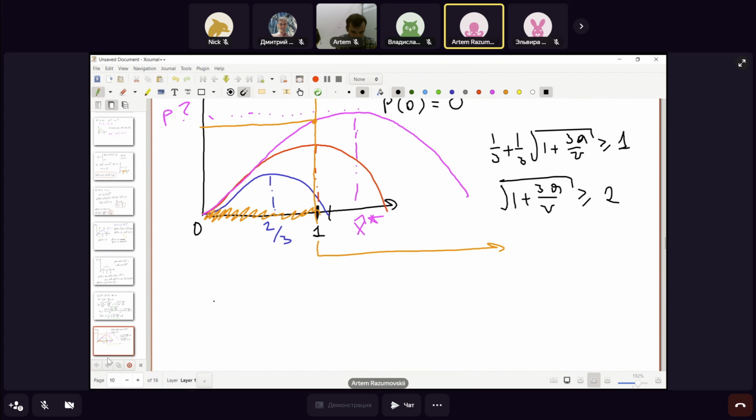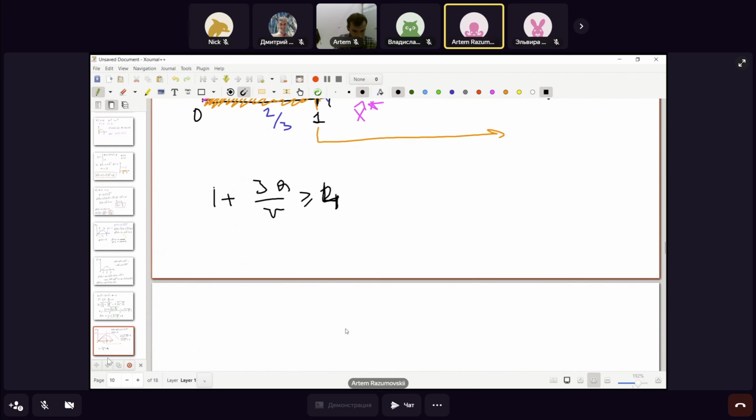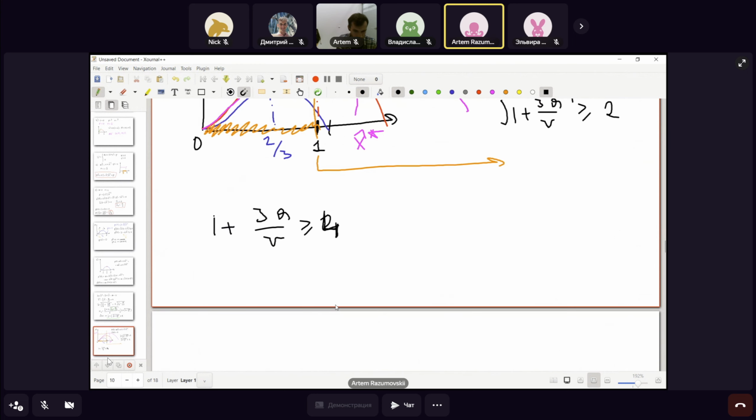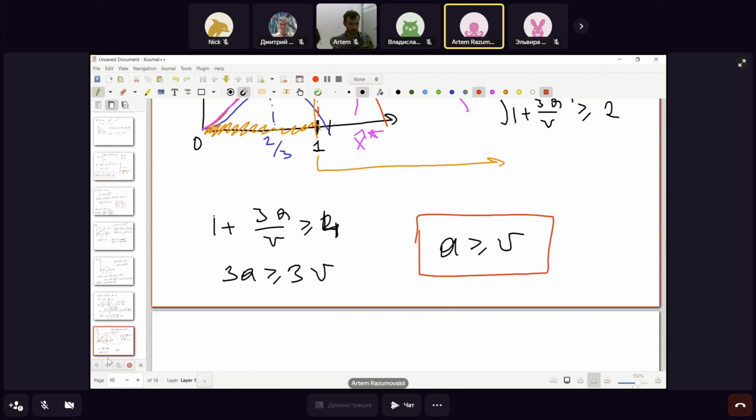So it will be 1 plus 3av greater or equal than 2 squared, 4, so that 3a greater or equal than 3v, or a greater or equal than v. So that's just a nice constraint without any numbers. And that's the answer. Questions?